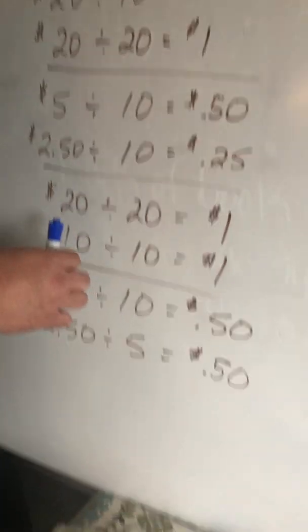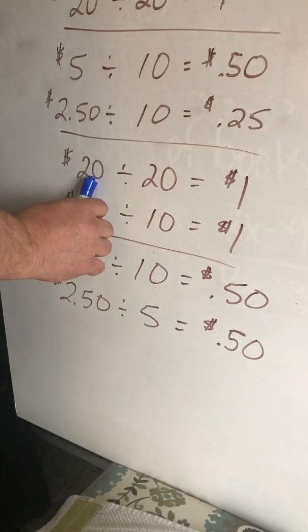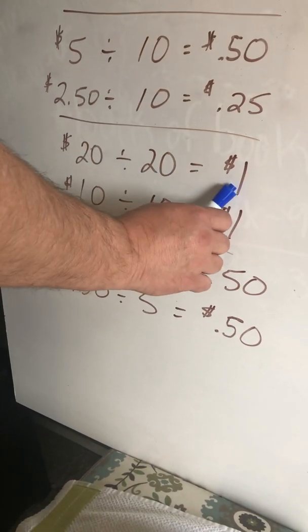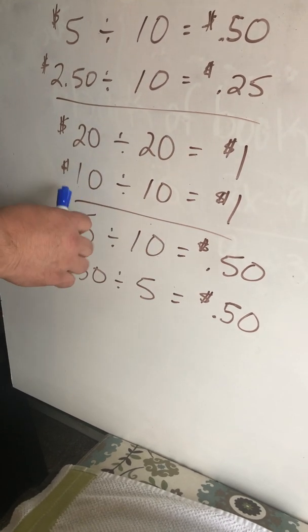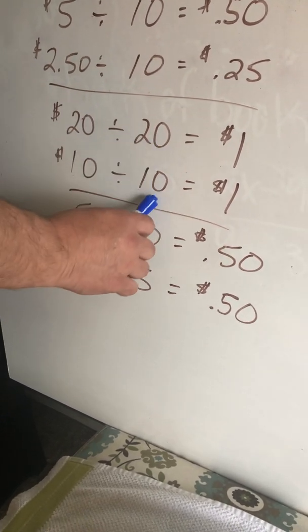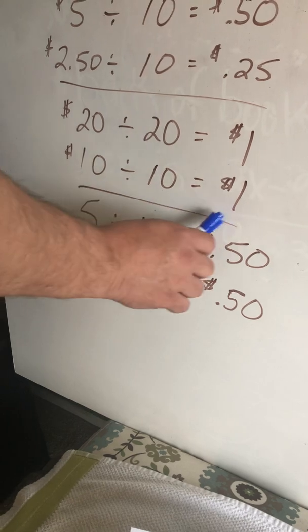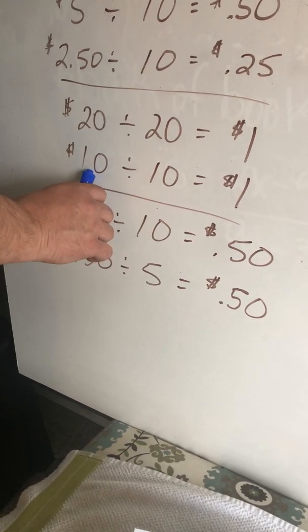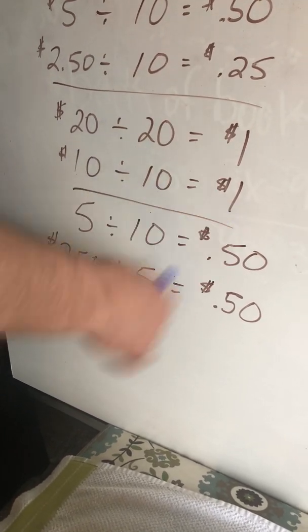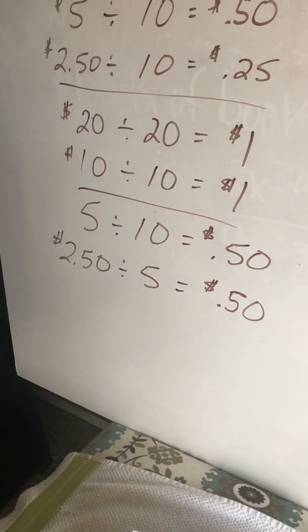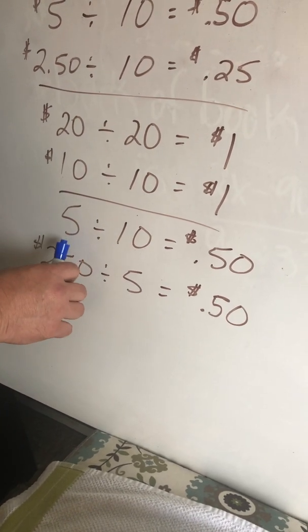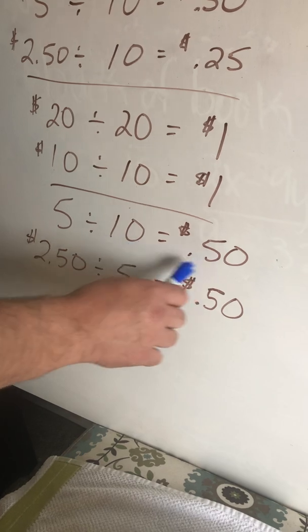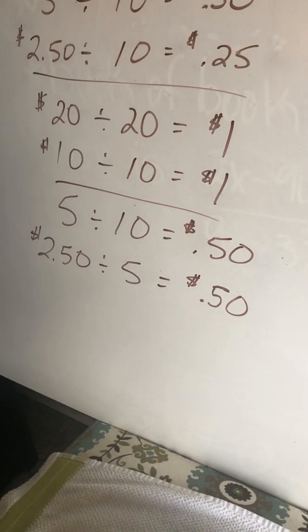They also wanted to show you this one: $20 divided by 20 people is $1. If you cut the money in half and the divisor, the number of people, in half, it stays the same. So $10 divided by 10 people is still $1. And the last one, $5 divided by 10 is 50 cents. Forgot my dollar sign.